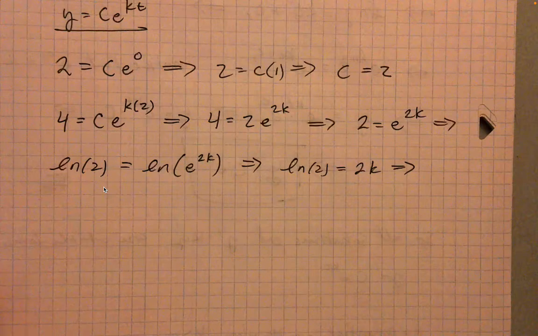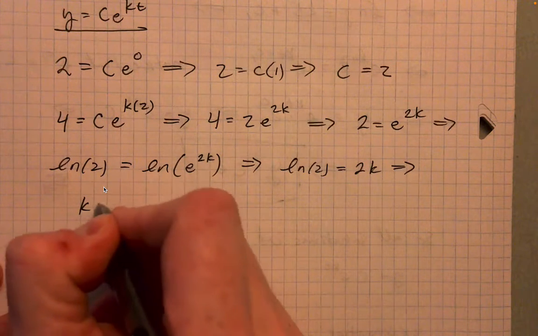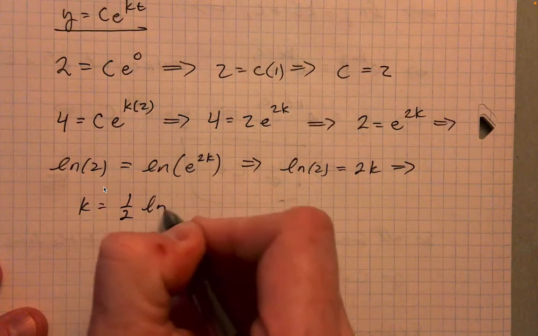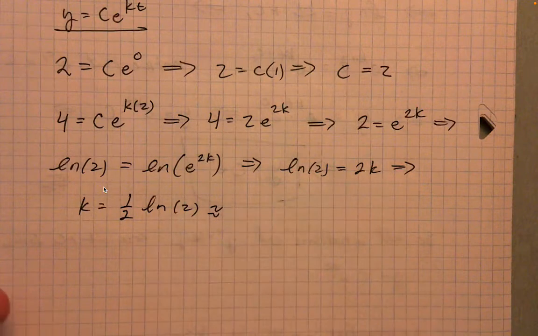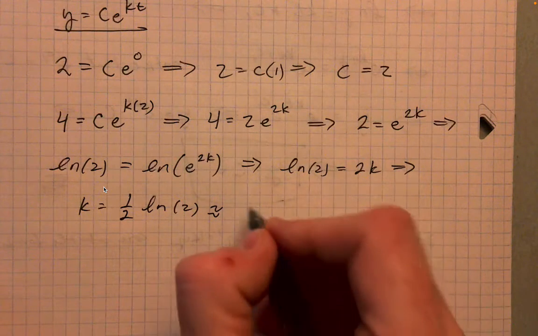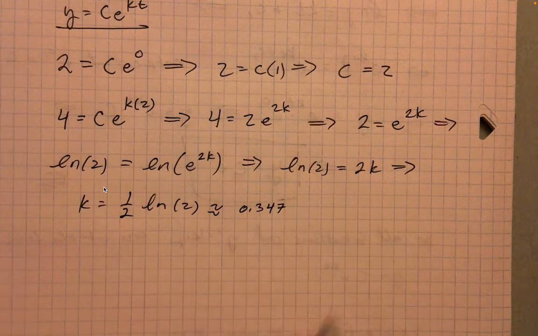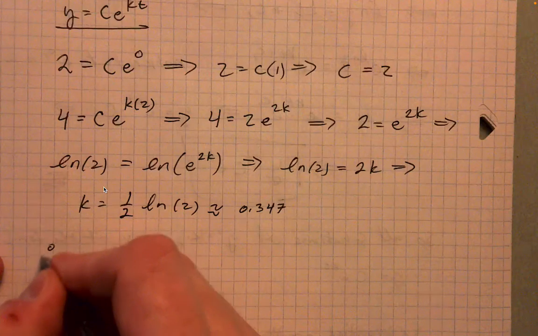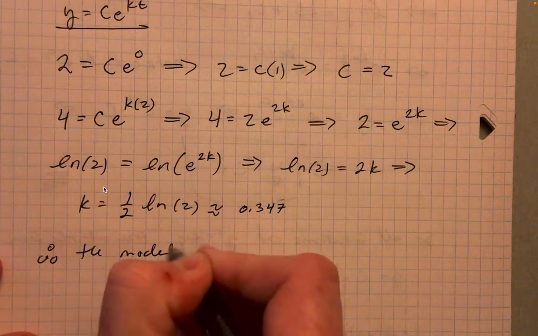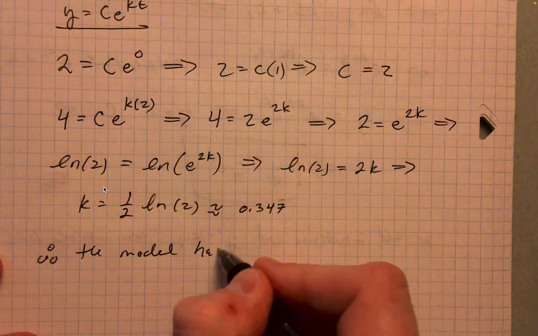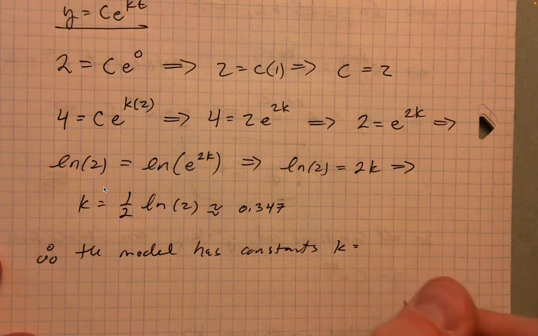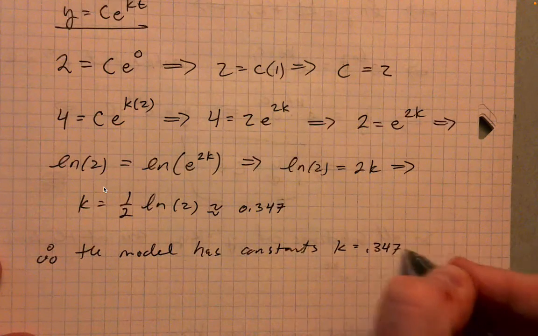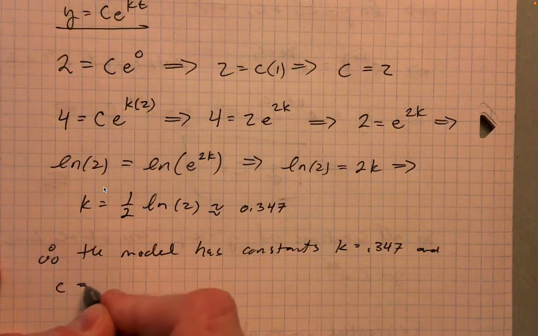And then therefore k is equal to 1/2 times the natural log of 2, which has an approximate value of 0.347. Okay, so therefore the model has constants k equals 0.347 and c equals 2.